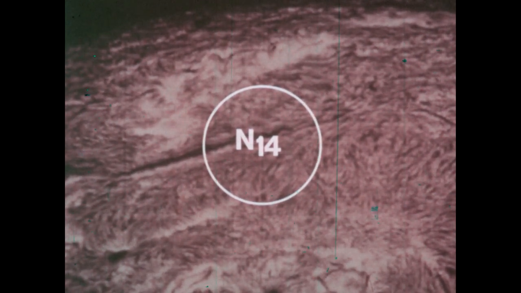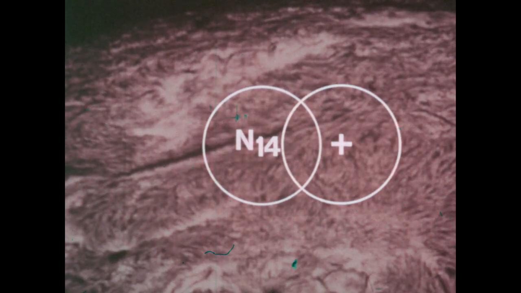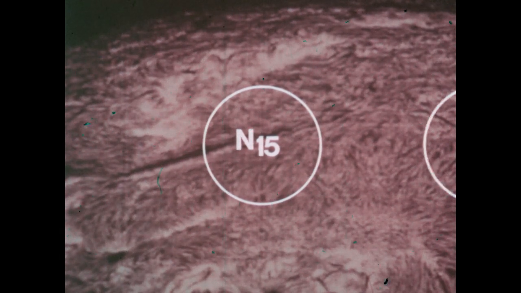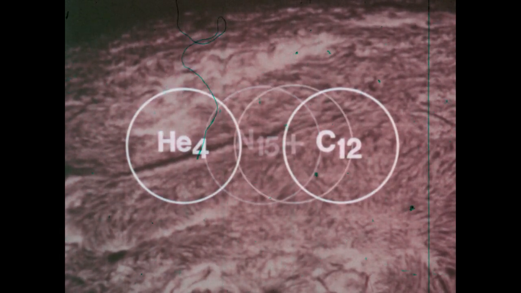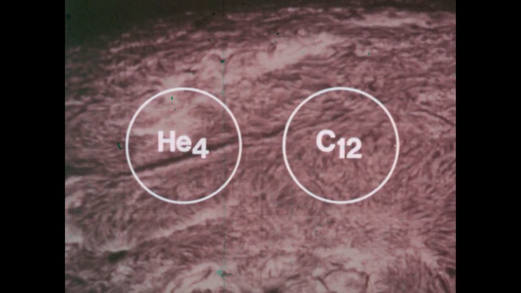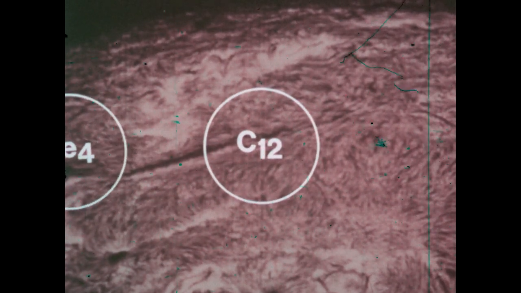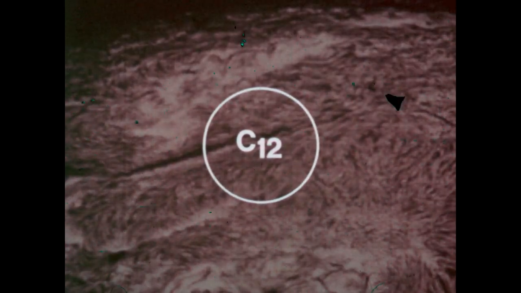Another proton collision changes it to oxygen-15 with more gamma rays given off. Oxygen-15 is unstable and becomes nitrogen-15. One more proton collision splits the nitrogen-15 nucleus into a helium nucleus and a carbon-12 nucleus. Gamma rays are again given off, and the carbon-nitrogen cycle can begin again.